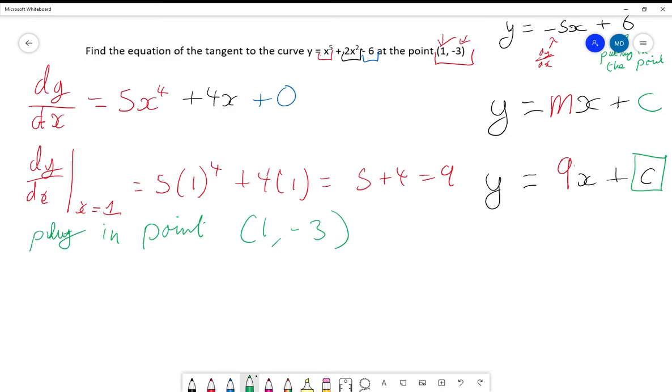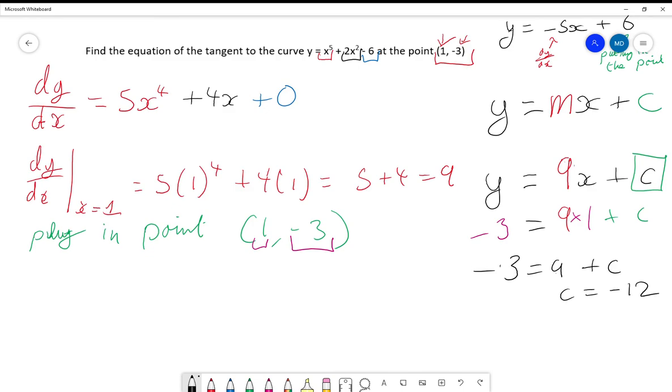And we're going to get -3 is equal to 9 lots of 1 plus c, which gives us -3 is equal to 9 plus c, and then we need to subtract that 9, which gives us c is equal to -12, just by solving equations in whatever way you like to solve equations.